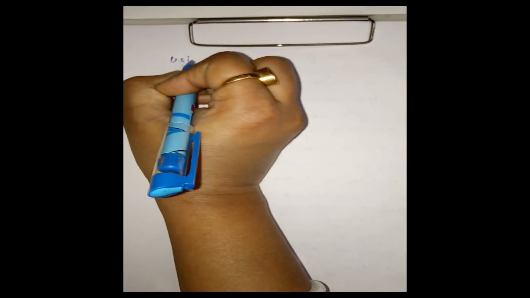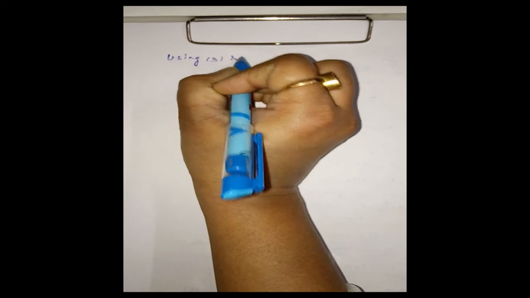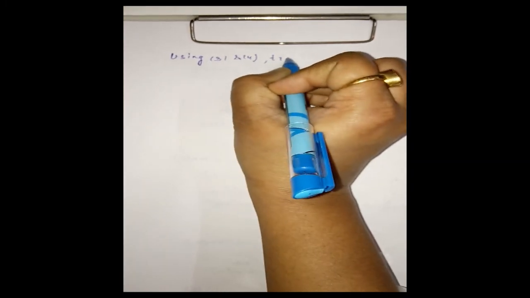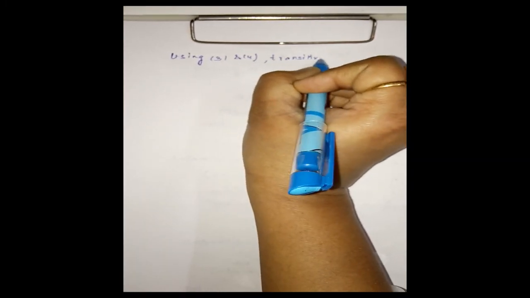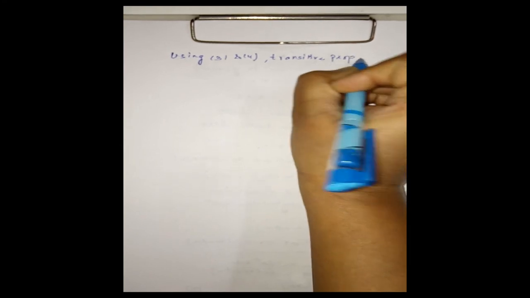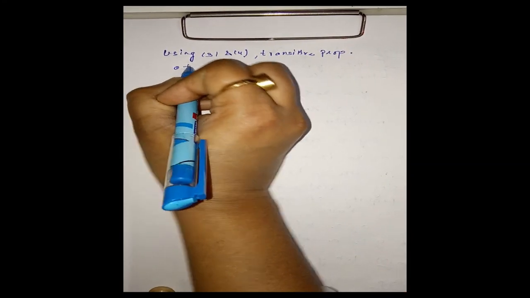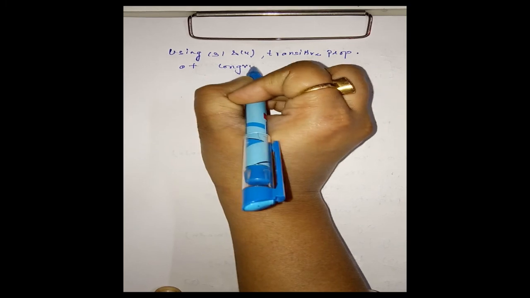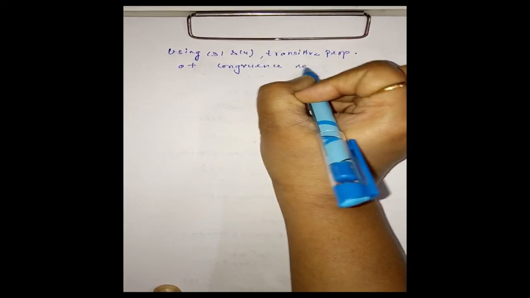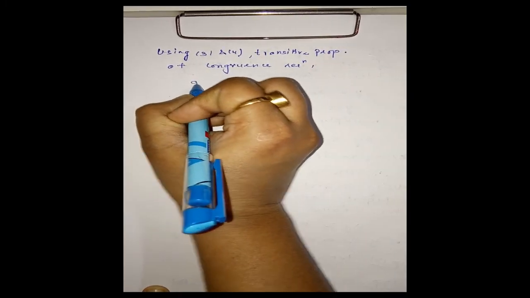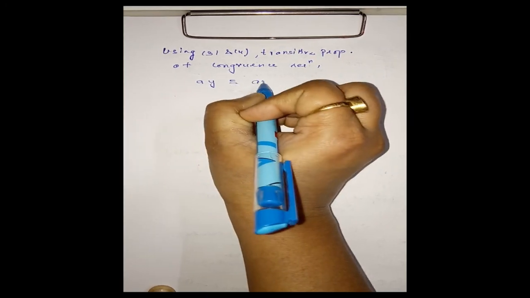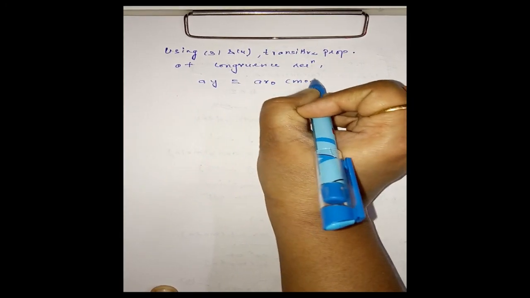Using 3 and 4 and the transitive property of the congruence relation, we have ay is congruent to ax naught modulo n.